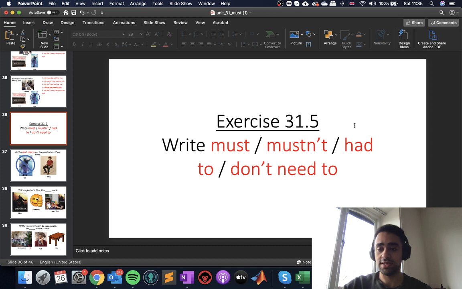The difference between must and had to will be the sentence, whether it's in the present or future, it will be must, and whether it's in the past, it will be had to. Mustn't means it is necessary you don't do this, so you cannot do it. Don't need to means it's optional. It's fine. So we'll look at the sentences and see which one we can use.